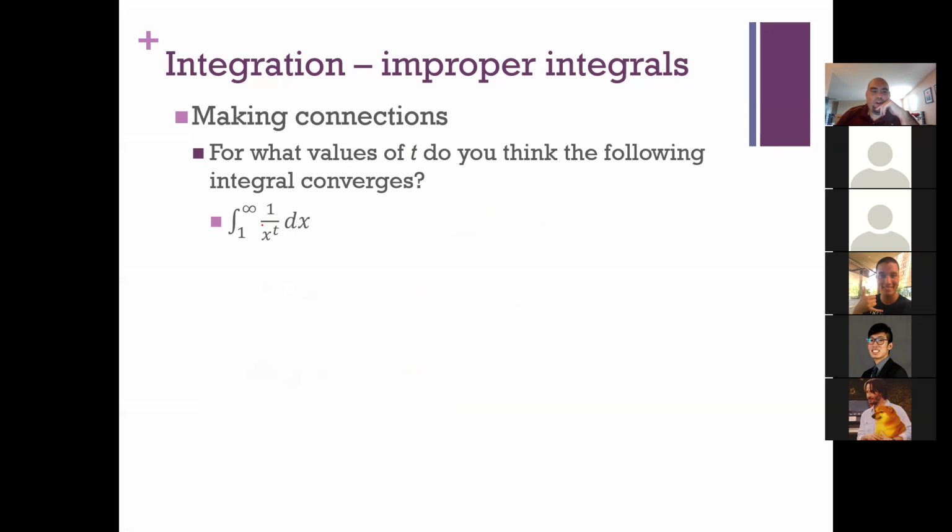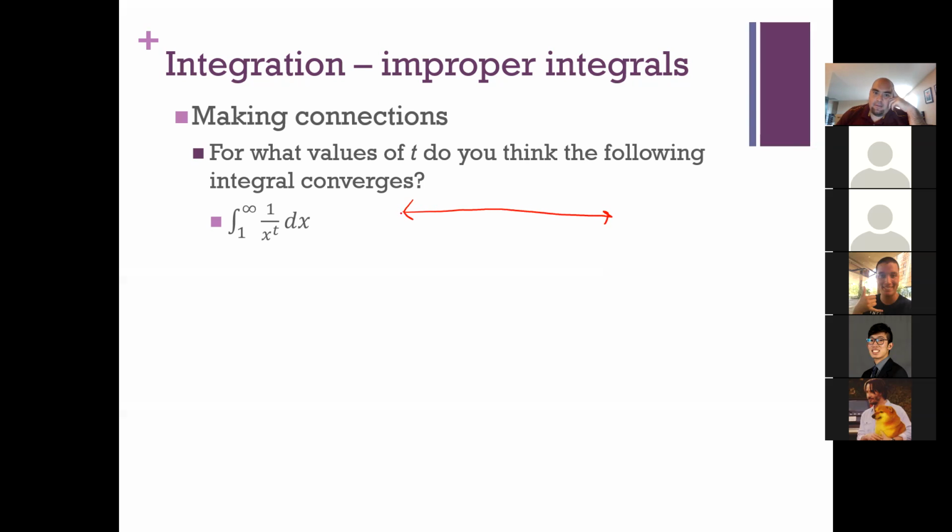So let's make some conjectures here. I have this integral of 1 over x to the power of t. T is some unknown constant. For what values of t do we think I'm going to get an actual value? Obviously, I've kind of spoiled this, when t equals 2, we get a value. So let's make a number line here.